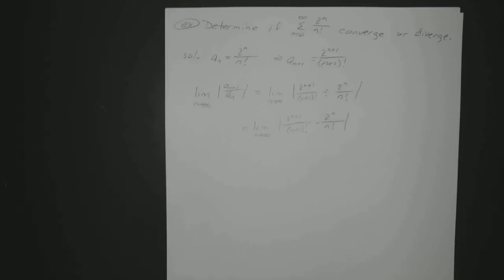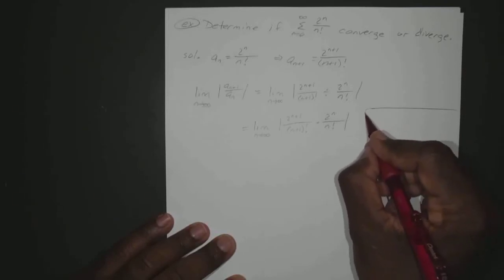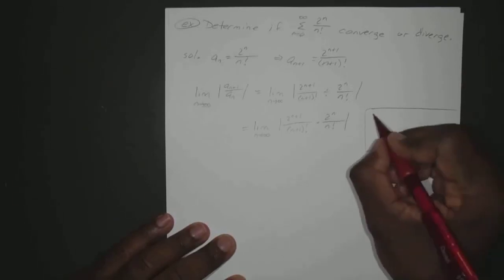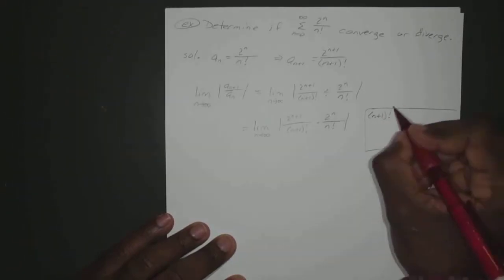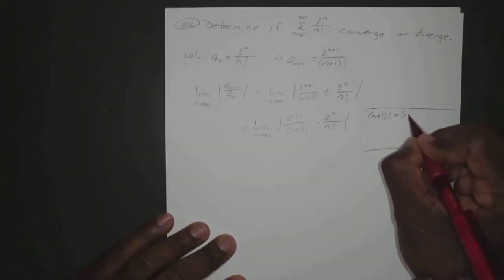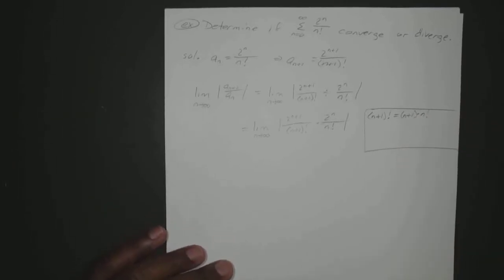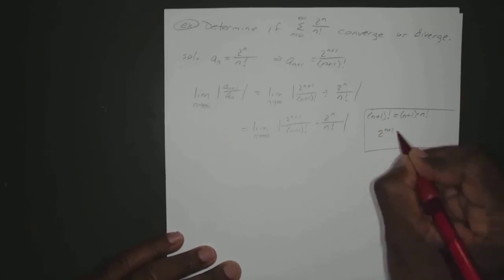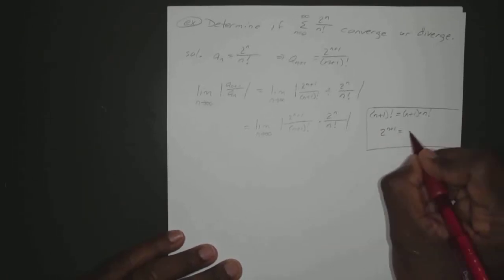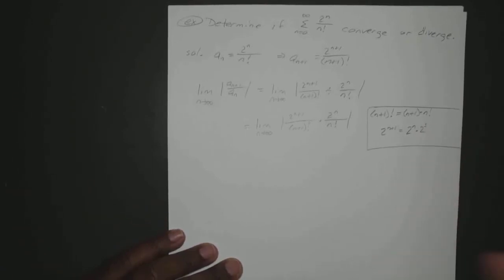Okay. So here's where you have to do just a little bit of tweaking. We can rewrite n plus 1 factorial as n plus 1 times n factorial. And our 2 to the n plus 1 power can equal 2 to the nth power times 2 to the first power, or just 2.